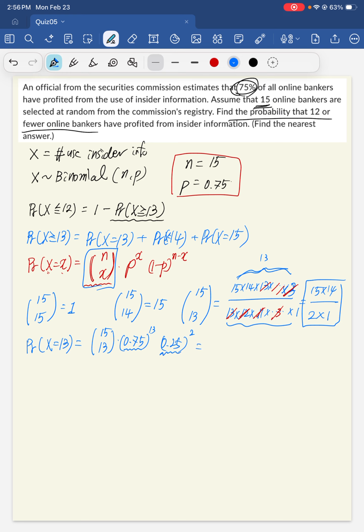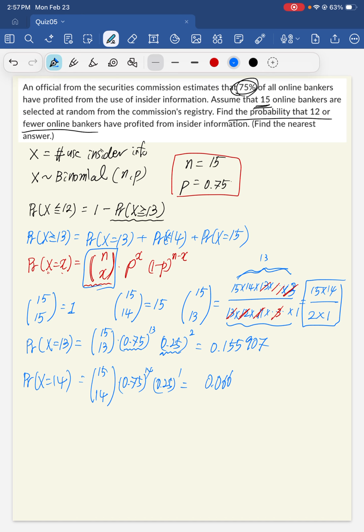Using the calculator, this will be 0.155907. Then the probability X equals 14 is 15 choose 14, and success happens 14 times and failure happens once. That is 0.066817.